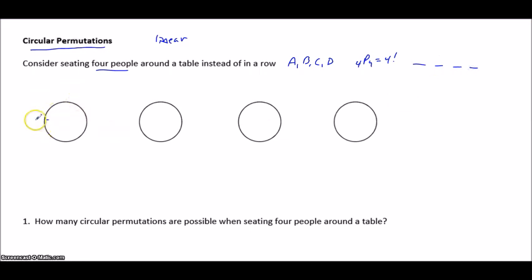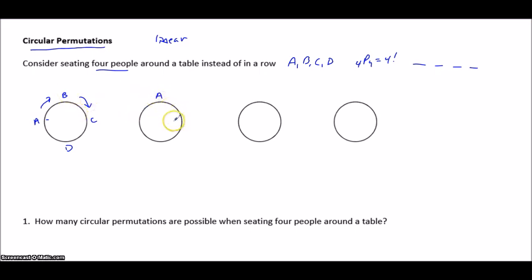But now let's think about a table. Let's put one arrangement here. We're going to put A at the left head here, A, B, C, D, and just go around the table. Now the next arrangement I want to look at is, let's say we just move everybody one position around the table.